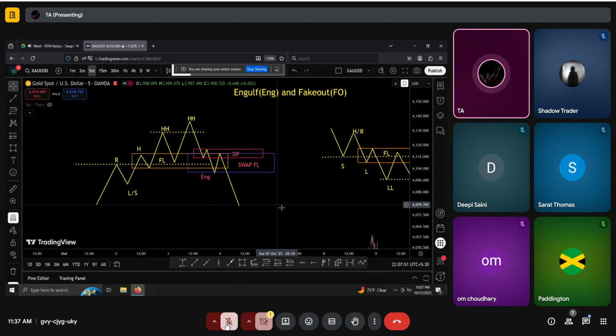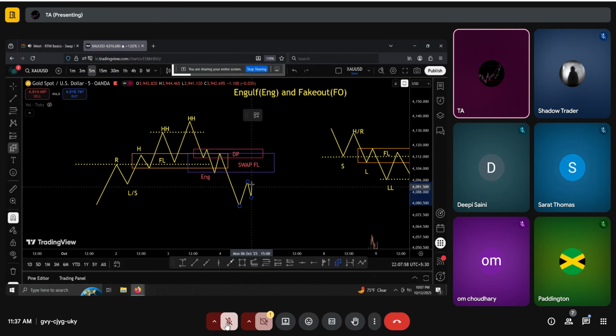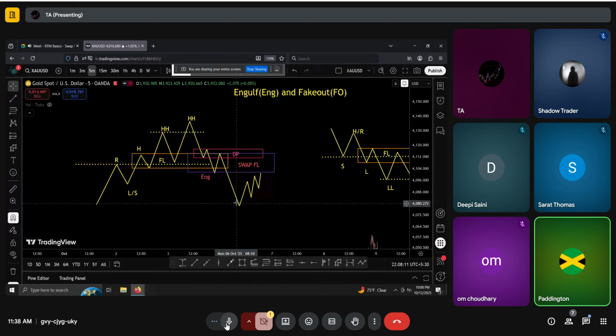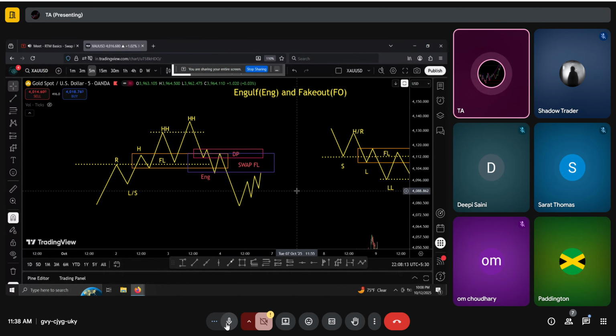Suppose price has come here. What it will do? It will create in the form of can like this. Price will go like this, like this, like this. Do you see this? In classical technical analysis, what do we call this? Not can. In classical or traditional technical analysis, we call this a trend.